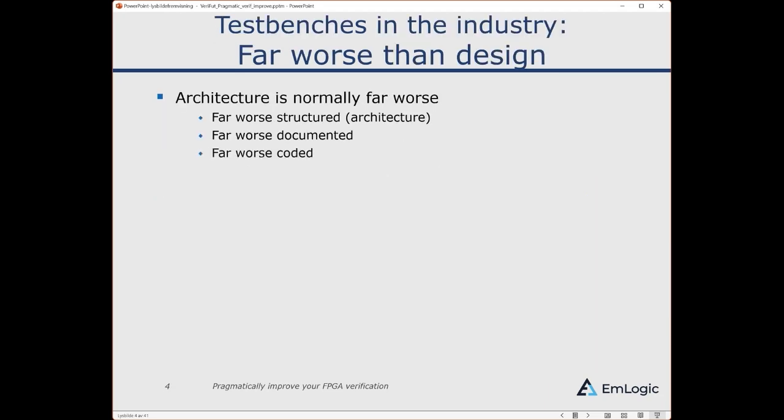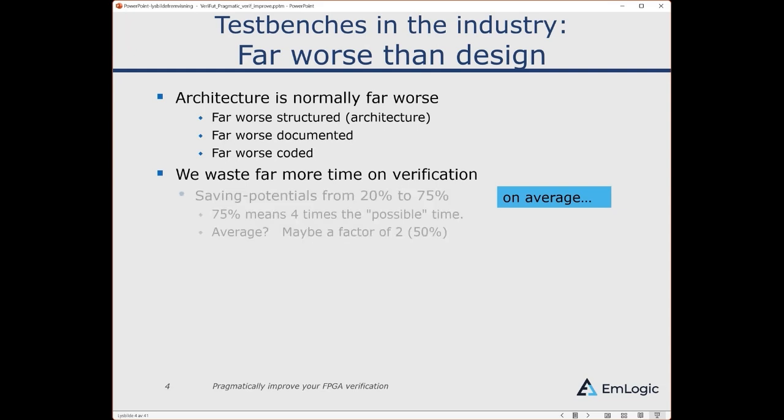If we look at test benches in the industry, what we see is that the architecture for test benches is normally far worse than for design. They're far worse structured, documented, and coded. And we tend to waste far more time on verification.